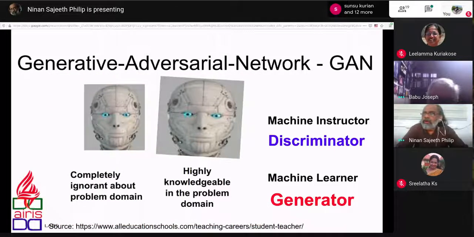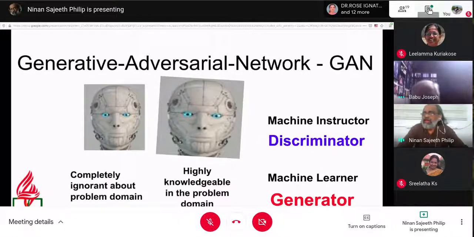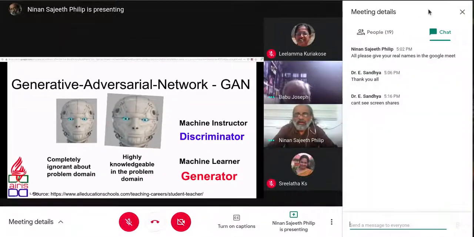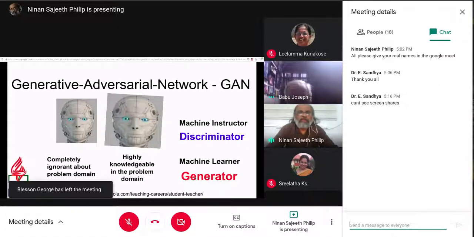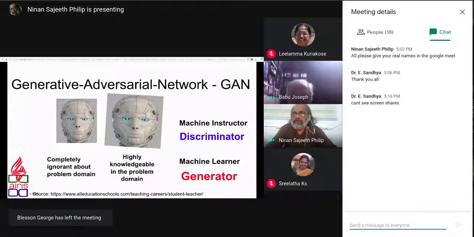Now, if you look at this learner and the discriminator or the instructor, I must say that the discriminator is a highly knowledgeable entity or a highly knowledgeable machine about the problem domain. It has been trained specifically for some problems, and it knows at least how to say whether something is right or wrong.